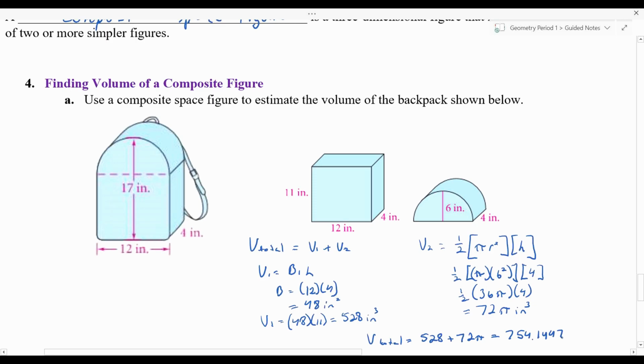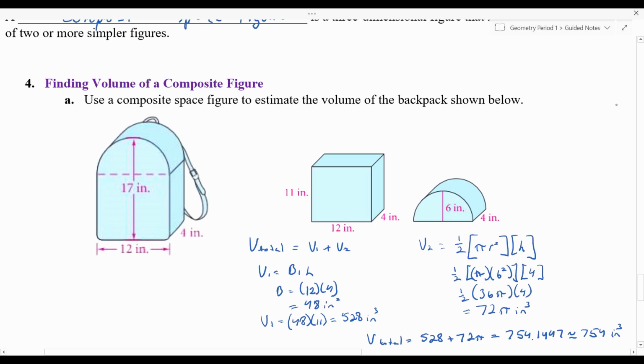And since we're dealing with whole numbers and it doesn't say to round this to any particular value, this comes out to be approximately equal to 754 cubic inches. And that's the answer for that problem.